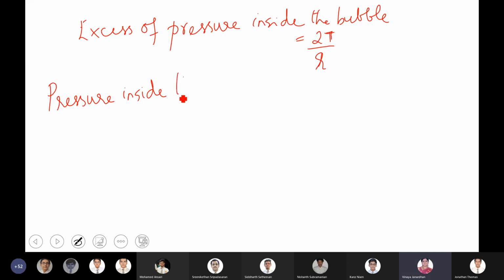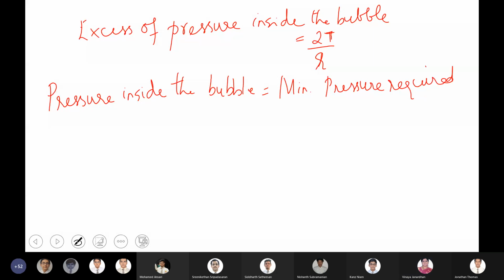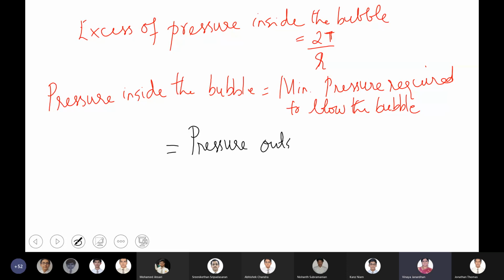So the pressure inside the bubble becomes equal to the minimum pressure required to blow the bubble. So the pressure inside the bubble will be equal to pressure outside the bubble plus excess of pressure. Calculate this, boys.